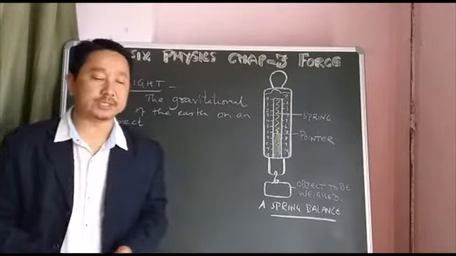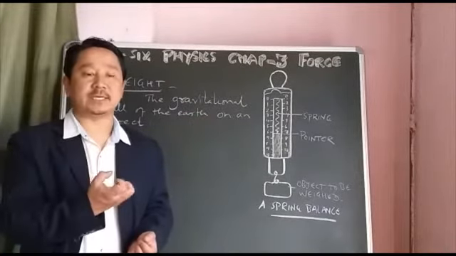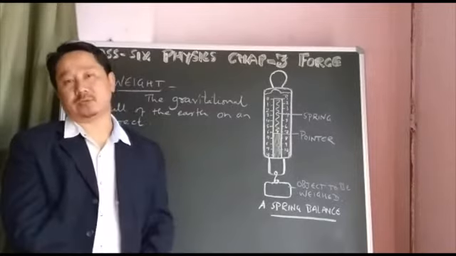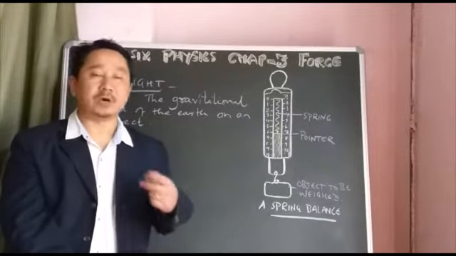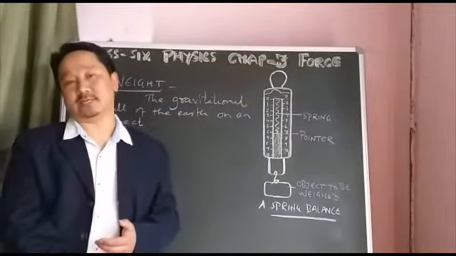In other words, the force with which the object is pulled downwards towards the center of the earth, that force of the earth itself is in fact the weight of that object.